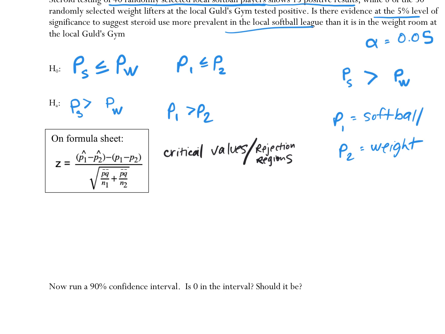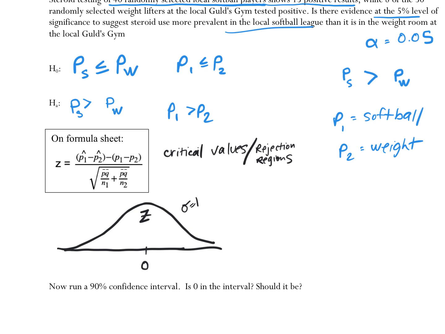A reminder, what I would expect to see to find those things is a picture centered at 0, because we're describing z-statistics here, and z-statistics always have a mean of 0 and a standard deviation of 1. Then I'm going to shade my rejection region.